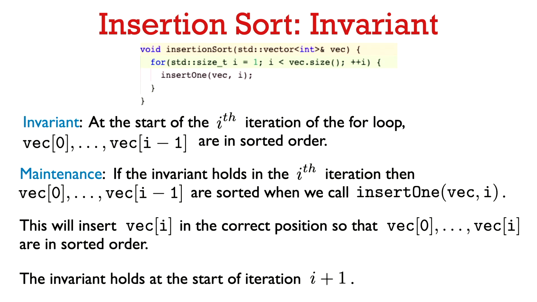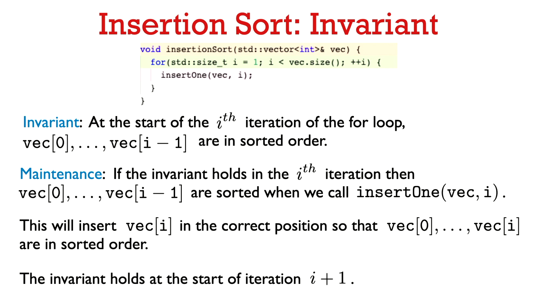Now that we've shown that the invariant holds at the start of the algorithm, we want to show what's called maintenance. If the invariant is true at the start of the ith iteration, then it will also hold at the start of the i plus first iteration. In this case, if the invariant holds at the start of the ith iteration, then vec 0 through vec i minus 1 are in sorted order when we call insert1 with arguments vec and i.